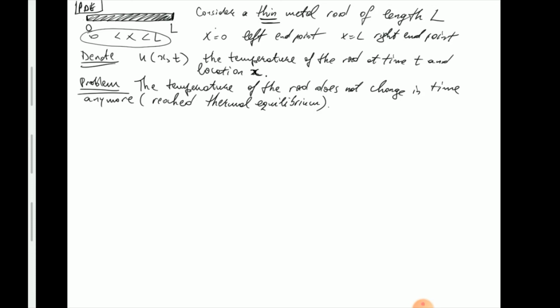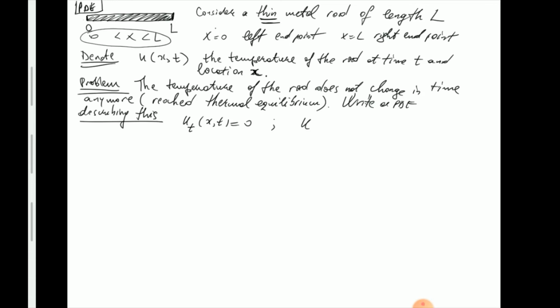But if this is all I'm telling you, that the temperature doesn't change in time, and the question is to write a PDE describing this phenomenon, then all you could say is that the derivative of u with respect to t at (x,t) is equal to 0. Now remember the convention, let's get used to that already.